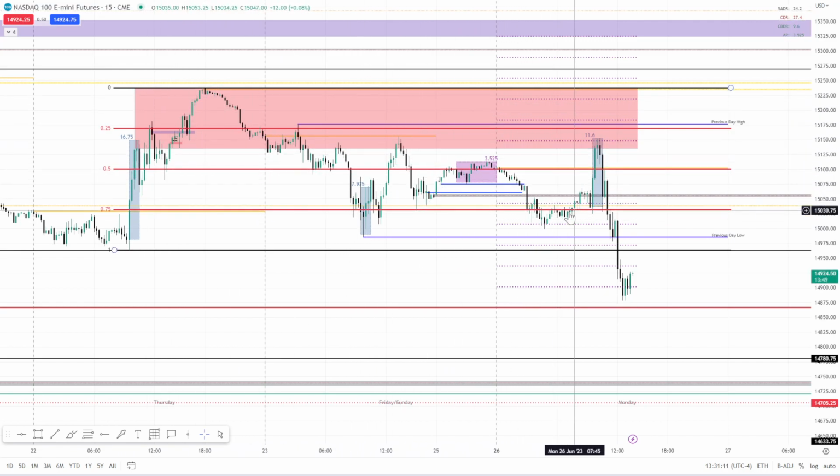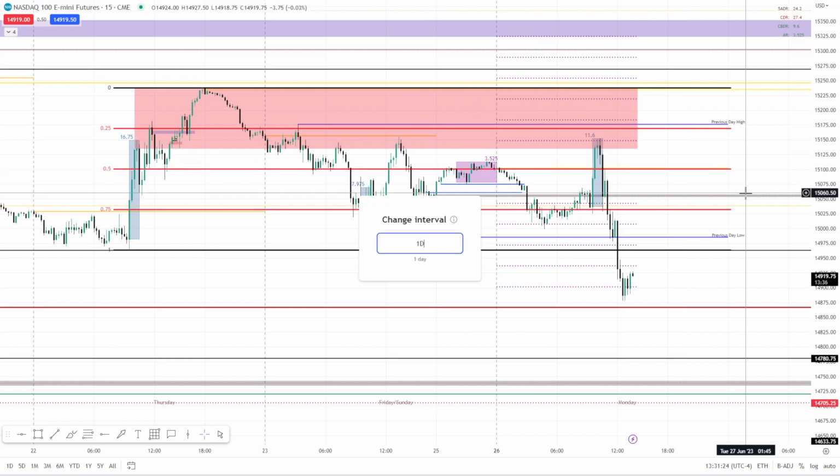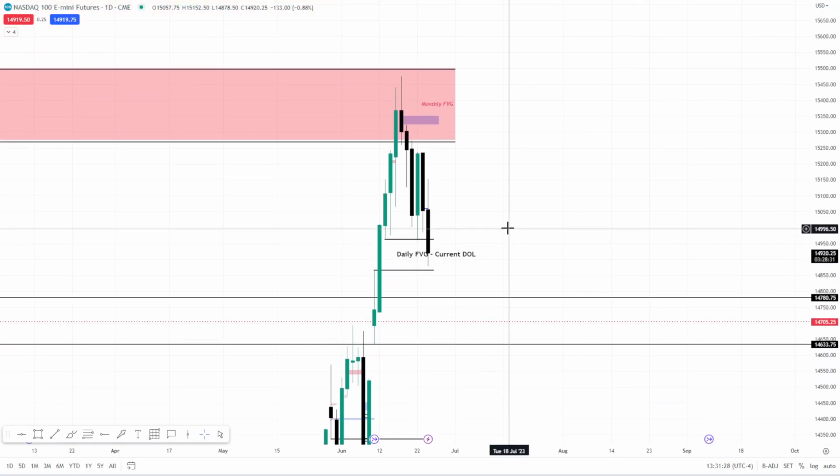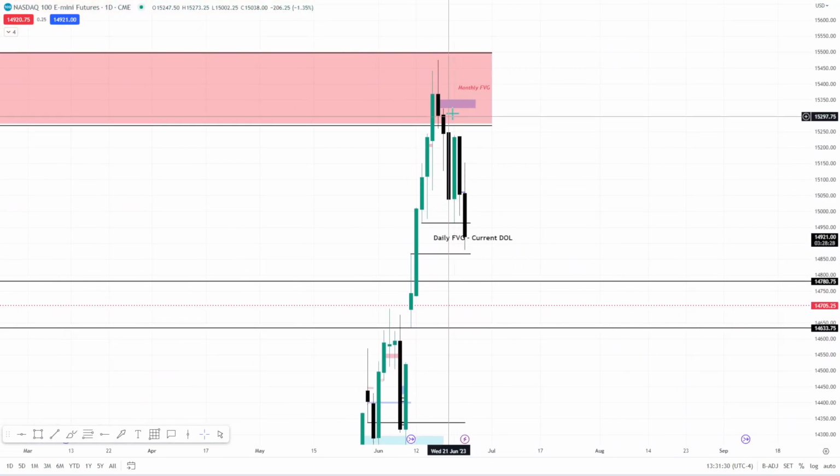And that's what we're seeing on the daily. That's forming. That's why the candles are painting the way they're painting on the daily. So you have this range put in.